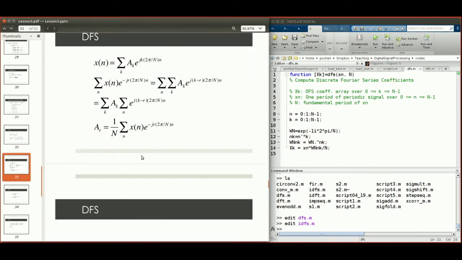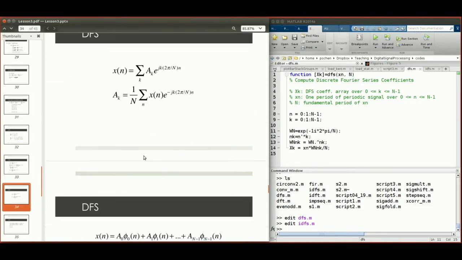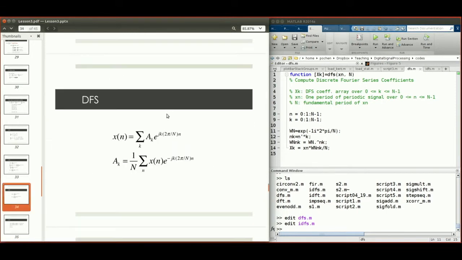So these DFS coefficients, or the spectral coefficients, are also periodic with respect to k.